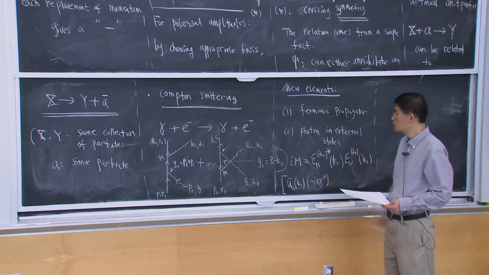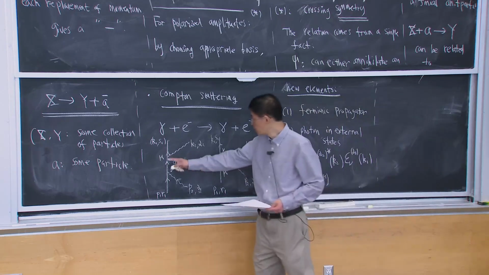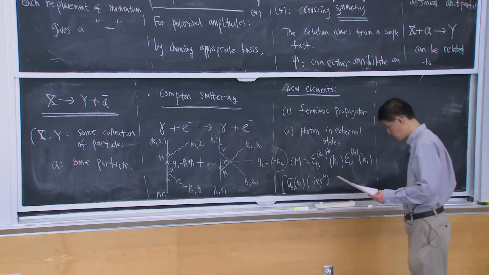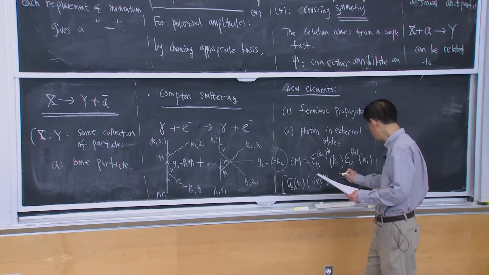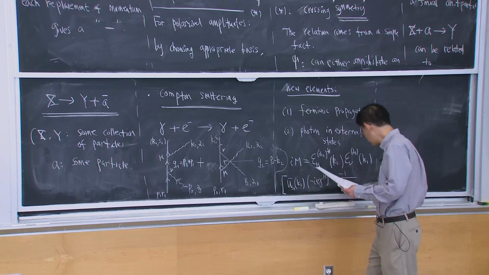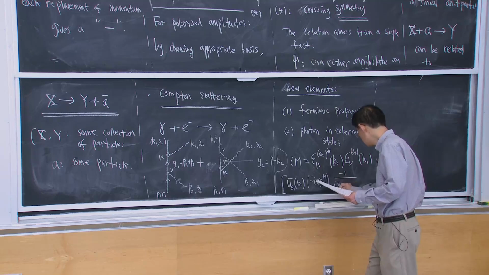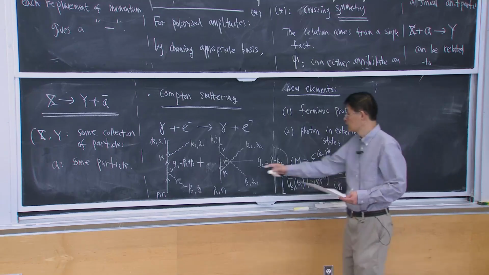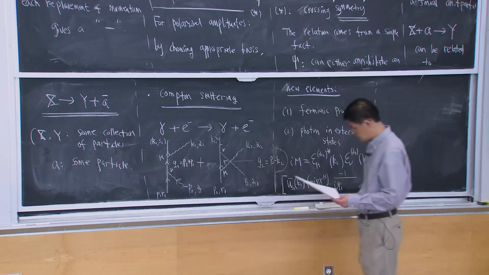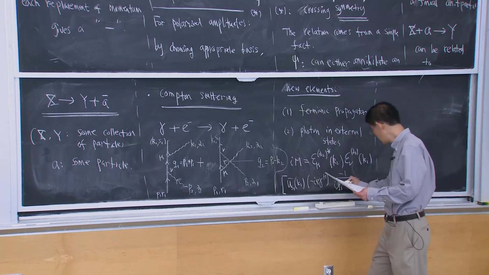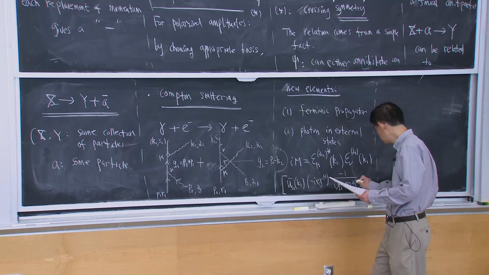And then we have this fermionic propagator, which is minus i Q1 slash, minus m plus i epsilon.